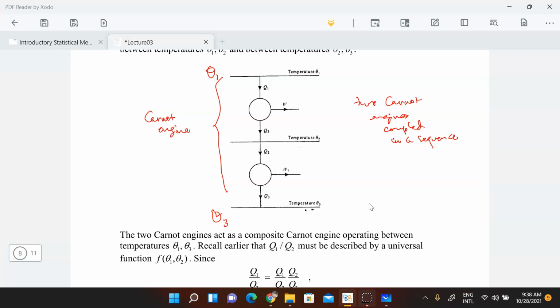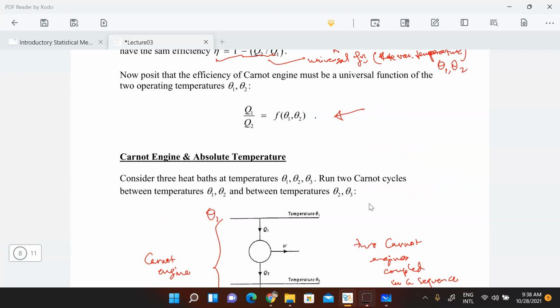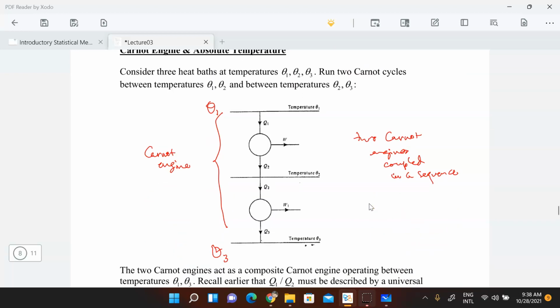And you remember that previously we already have this condition of being a universal function, so we're going to use that. In other words, that function has to be the same for any Carnot engine, right? And here you have two, in fact three: the one Carnot engine over here, another Carnot engine over here, and then the composite Carnot engine.